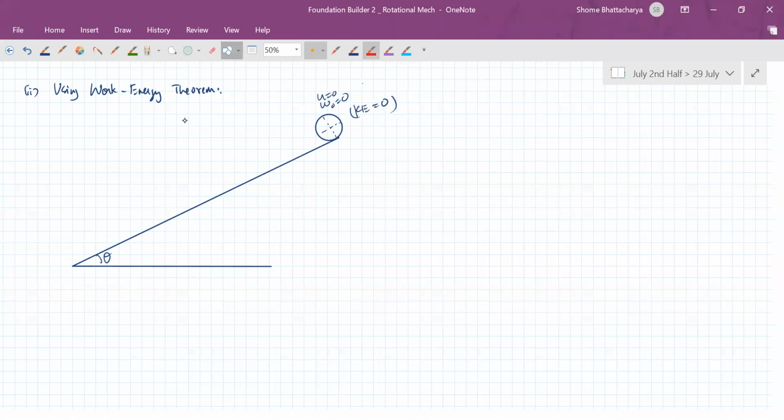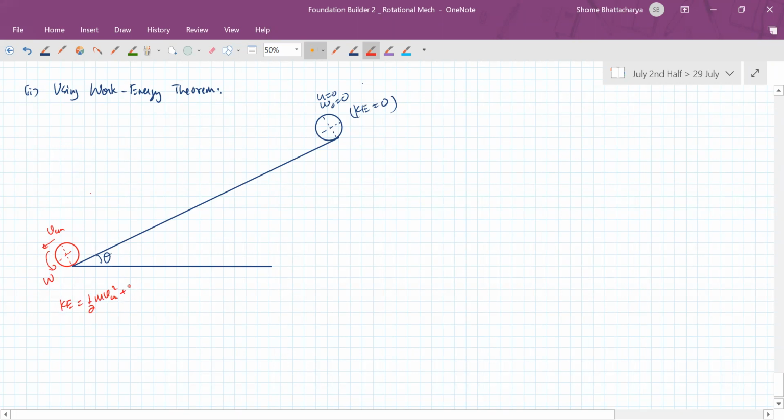But by the time the sphere, cylinder, whatever it was, cylinder I think, has come here, it's got a linear or translational velocity and plus it's rotating. So it's got a kinetic energy which is equal to translational plus rotational.